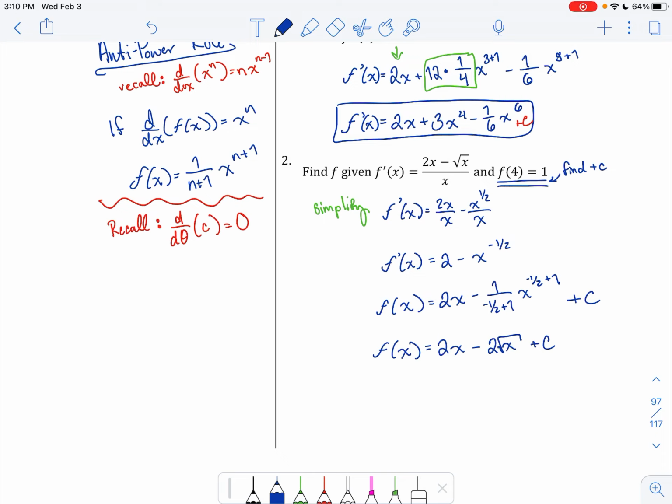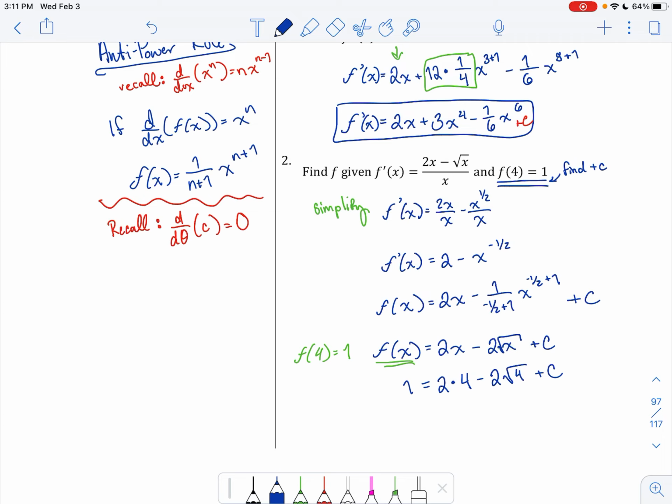So what I'm going to do next then is, now that I have a simplified antiderivative, I know that f of 4 is equal to 1. So if I know that f of 4 is equal to 1, that means that I can replace f of x with 1 if I replace x with 4.